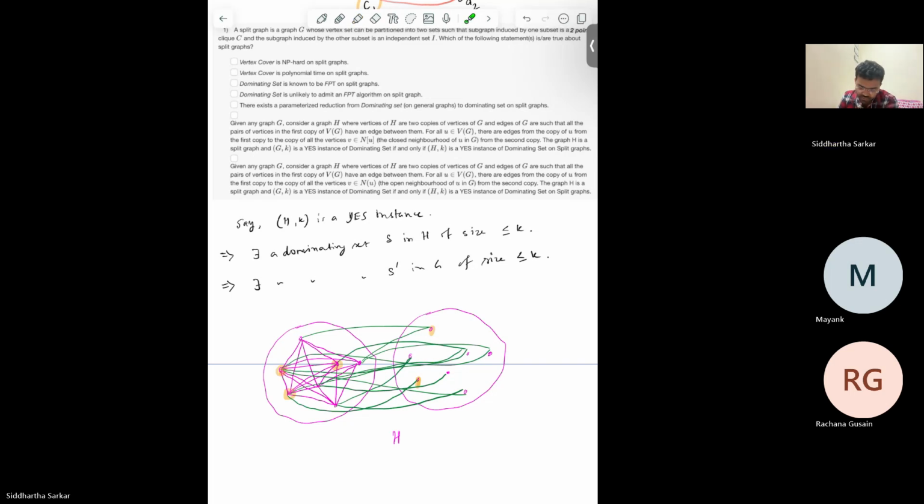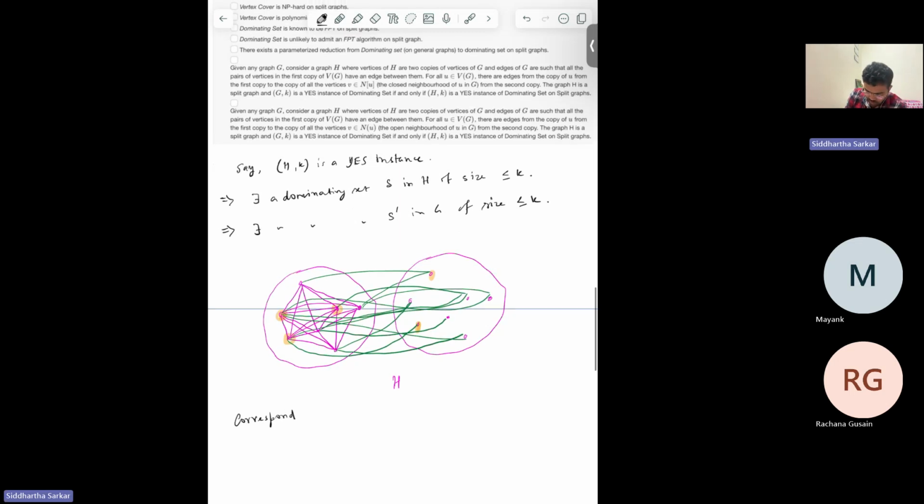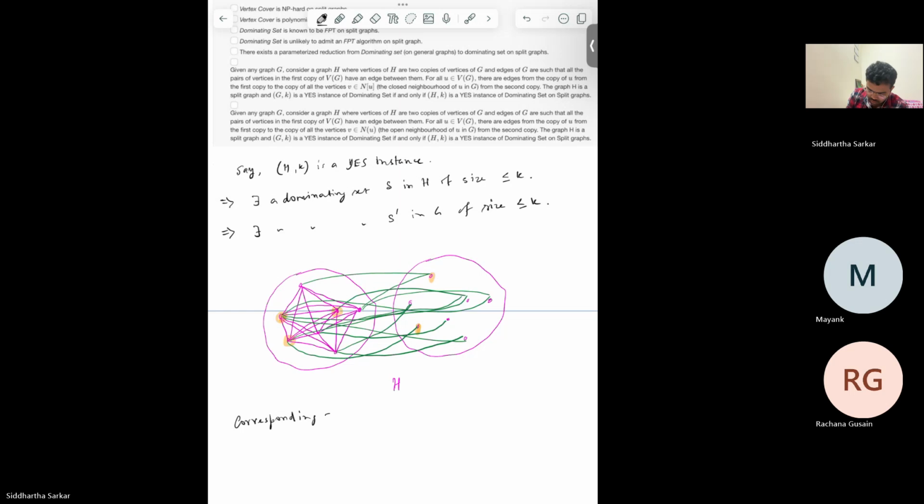If this is a copy of some vertex u in the original graph, then you take u. If this is a copy of some vertex v in the original graph, then you take v. To put it formally, each dominating set T of H will give rise to a dominating set of G, which consists of original vertices in G corresponding to all the vertices in S.